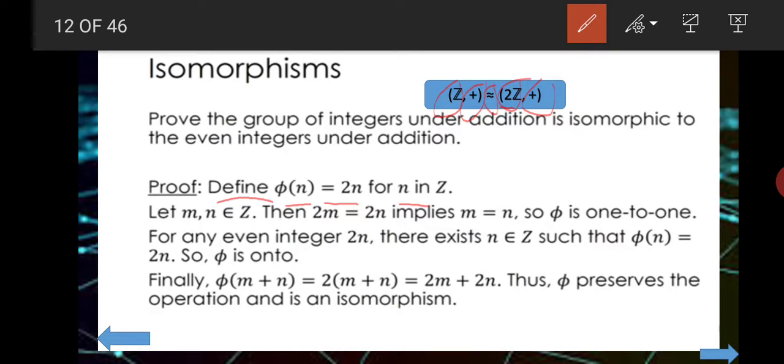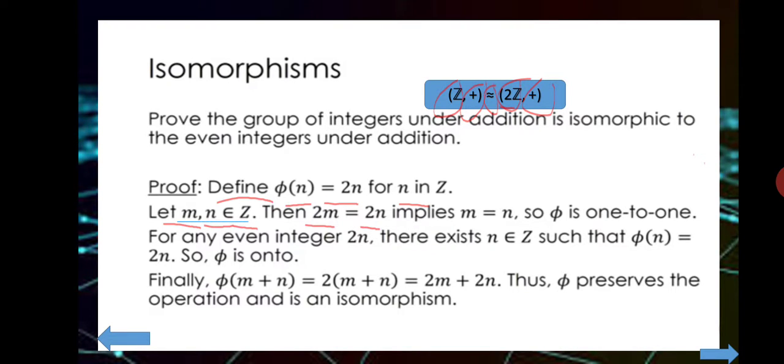And then the second step is we're going to let m, n be elements of the integers. Then we're going to assume that 2m is equal to 2n. And if we divide this by 2, it implies that m is equal to n, and so phi is one-to-one.